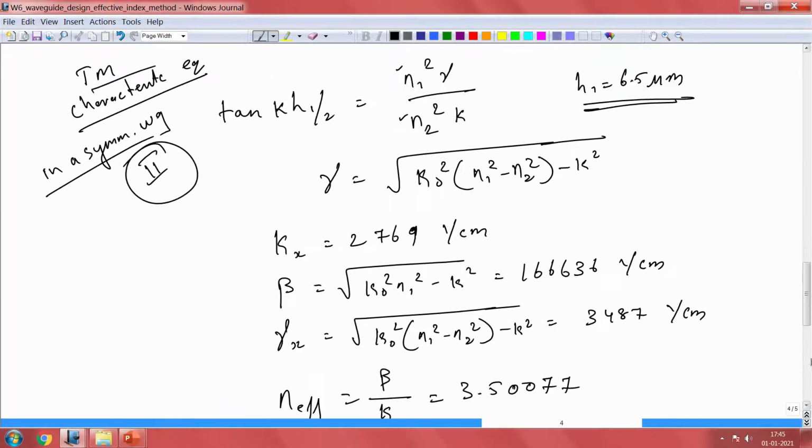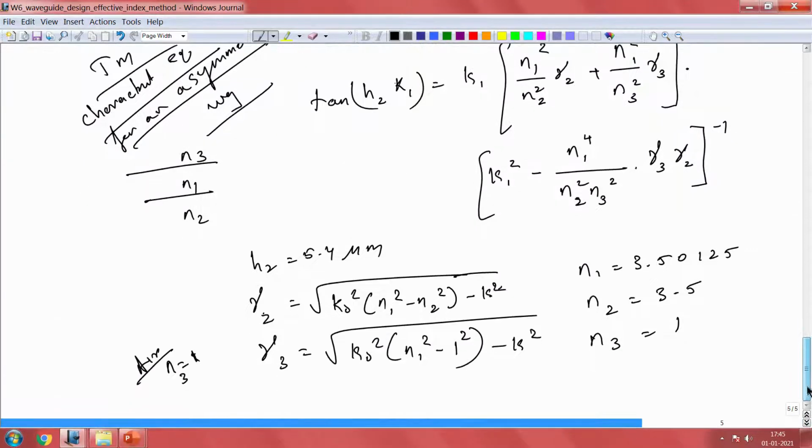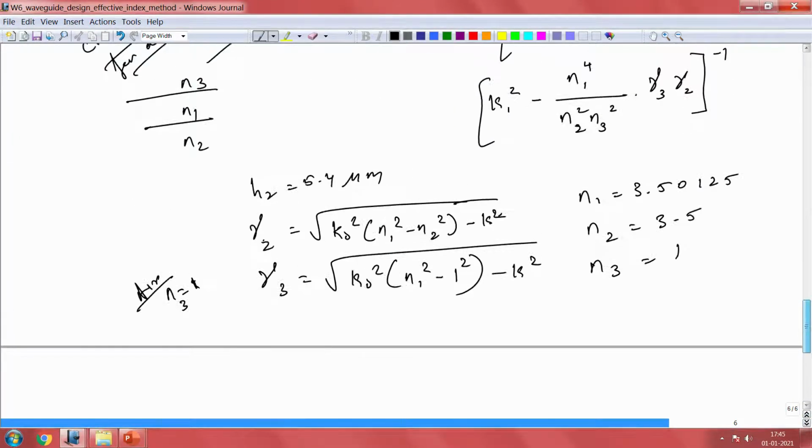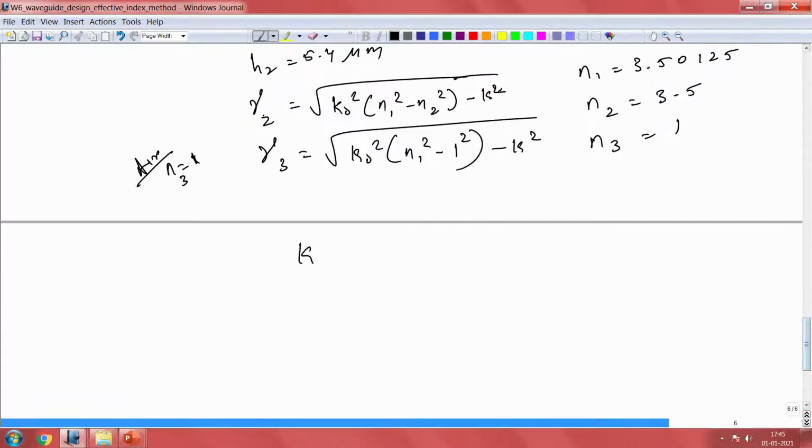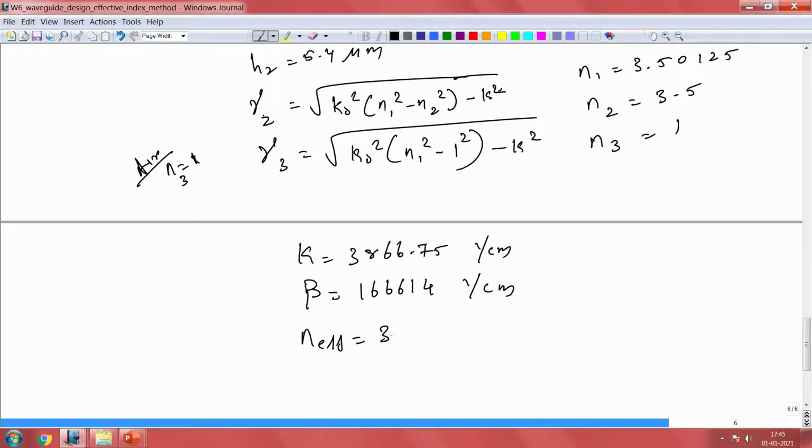We just have to apply these to this particular equation and we will get the following. k equal to 3866.75 per centimeter, and beta is 166,614 per centimeter, and n effective from that is 3.50031.